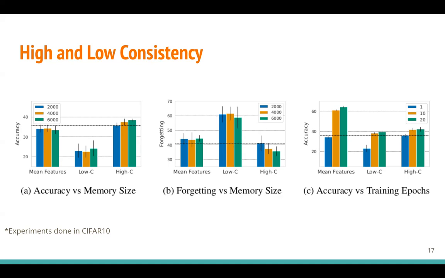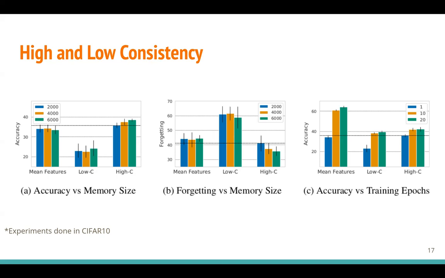However, and this is the but in our results, if we increase the amount of epochs and still with a memory size of 2000, we can see that the mean features highly increase the accuracy, like 20% of accuracy increase. However, high consistency elements don't increase that much, like 5% of accuracy.